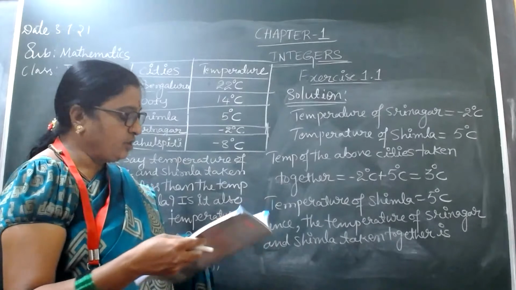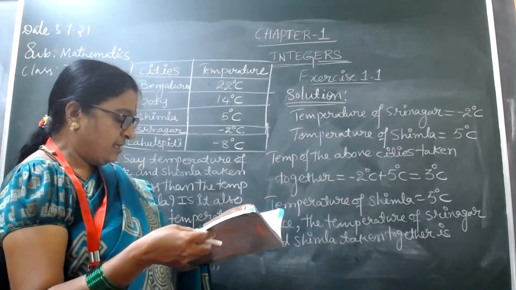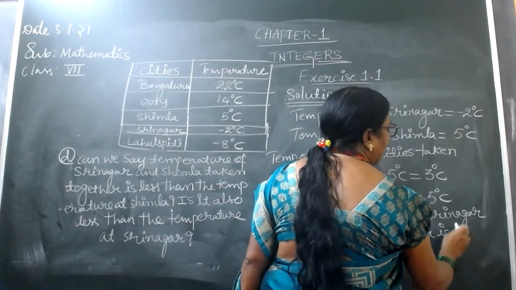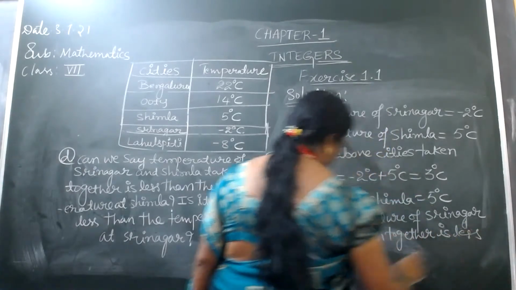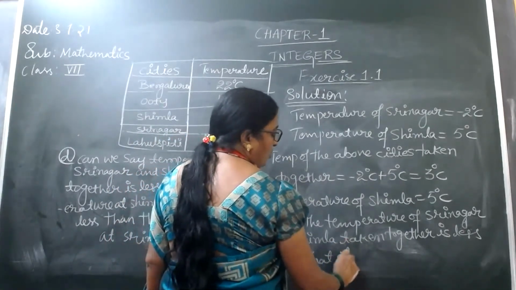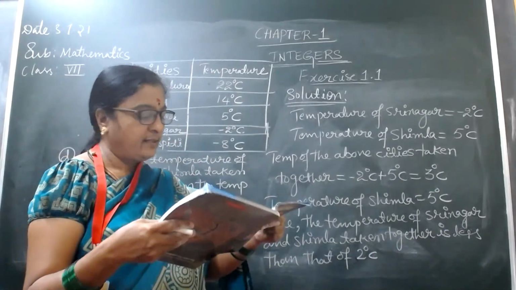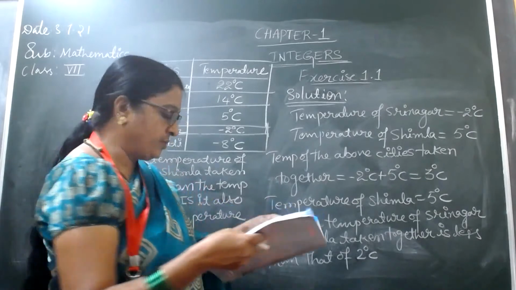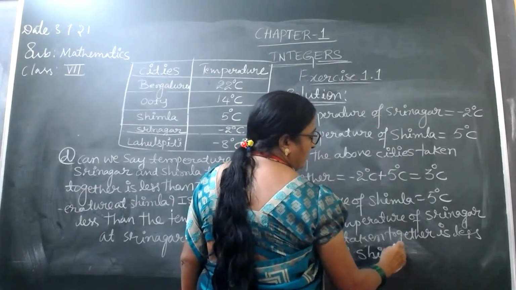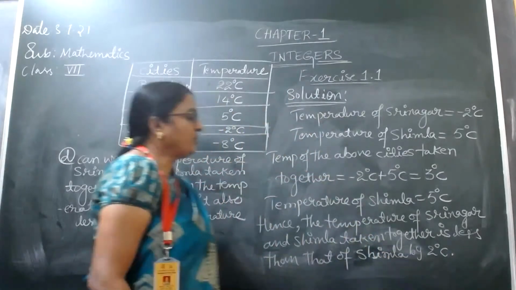So you should write down, hence the temperature of Srinagar and Shimla taken together is less than that of Shimla by 2 degrees Celsius. Okay, how much degree is less? 2 degrees, that of Shimla.